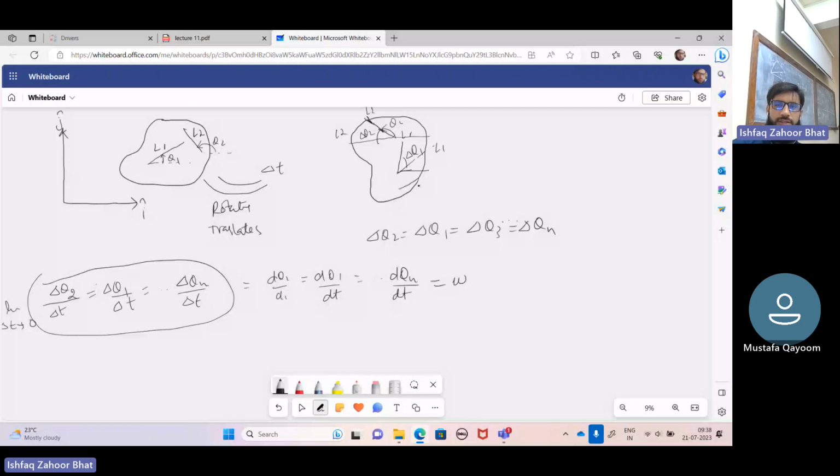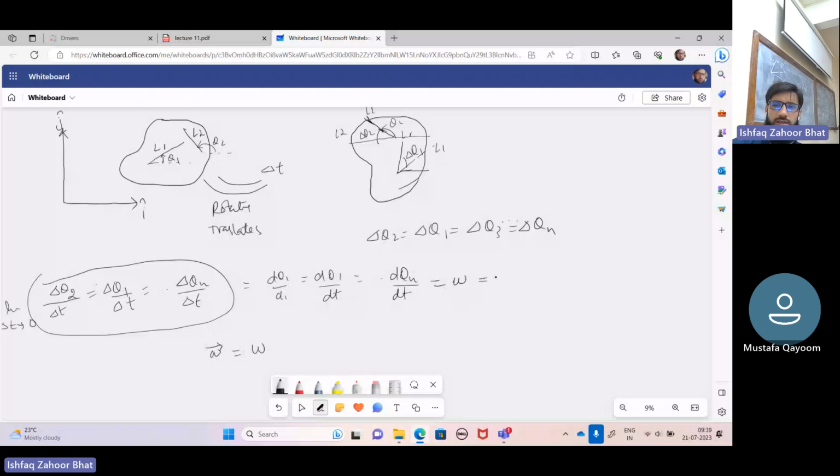That is the rate of change of the angle of any line. You can take any line on this rigid body, take the derivative of the angle it makes with the x-axis with respect to time. That rate you call omega. And let us define a vector, omega vector, associated with this rigid body. It is nothing but this omega, which is d theta by dt.